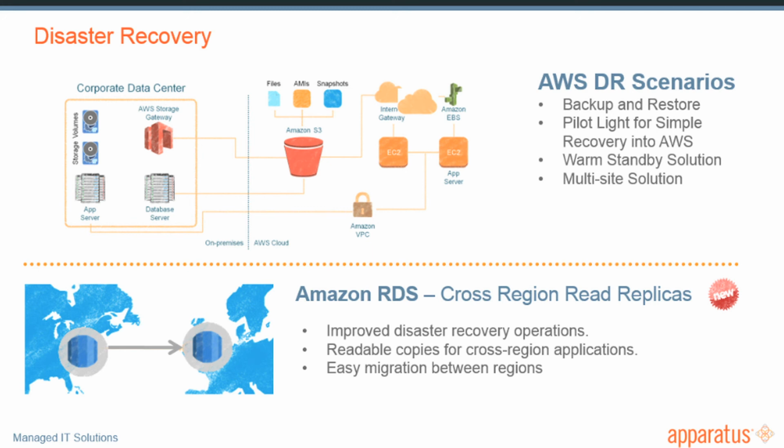You can spin up the environments that you need in AWS, get your data out there, and recover from a disaster very quickly. Or you could take a hybrid approach and run your services either on-premise and in AWS at the same time, so that if something fails, it's already up and running.